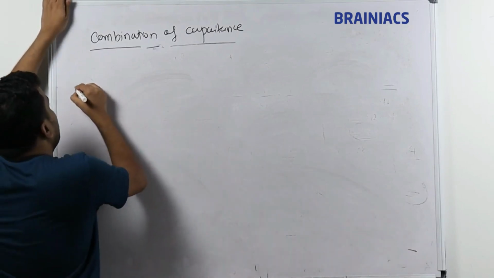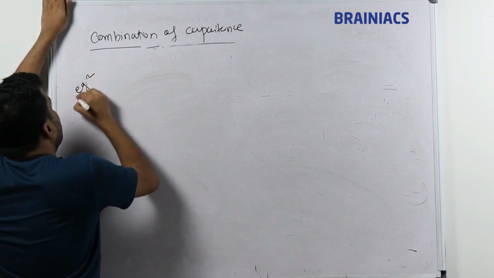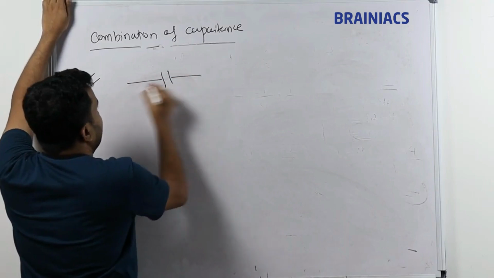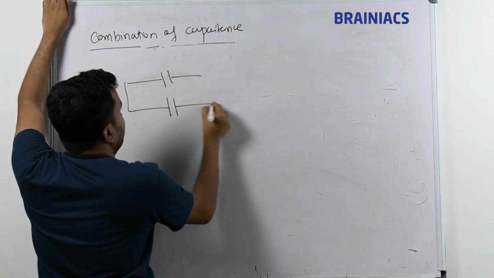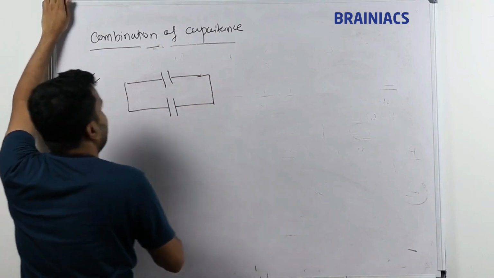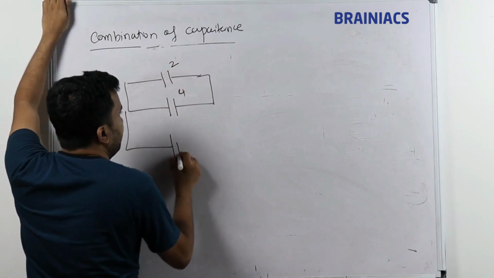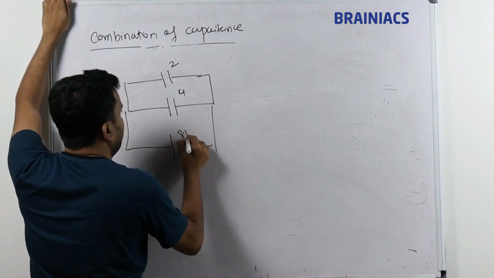So we'll take example number 2, the second example. I have capacitances here, let me consider them as 2 and 4. I am giving a voltage equal to 8 volt.